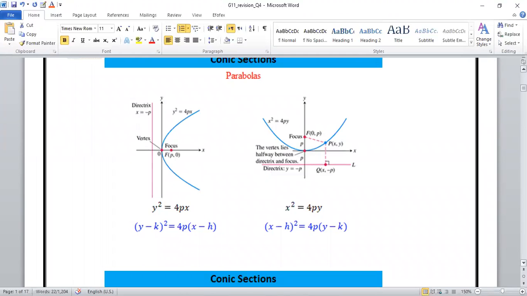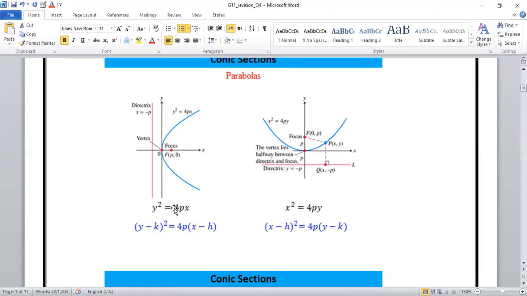Second conic section, the parabola. As shown in the figure, the parabola has two formulas: y squared equals 4bx or x squared equals 4by.